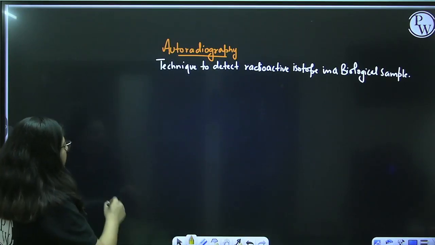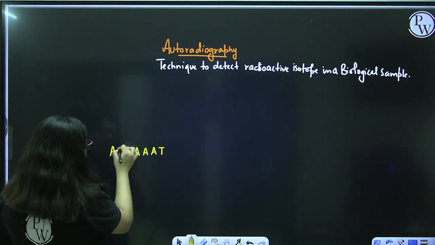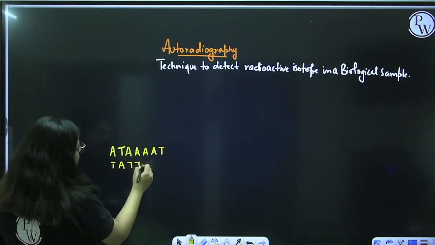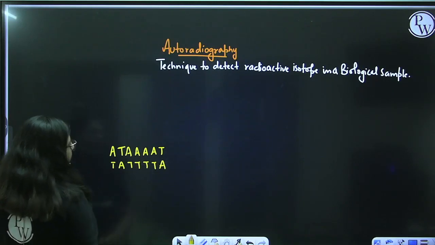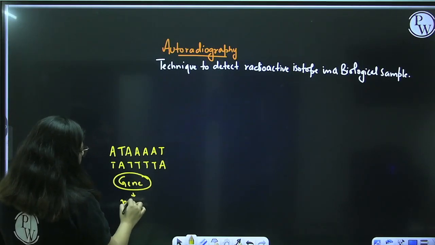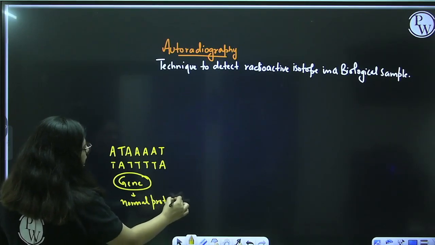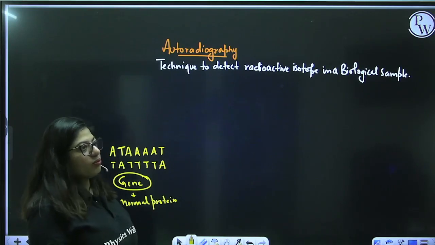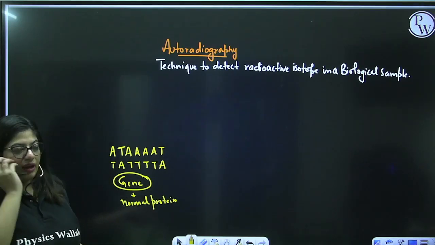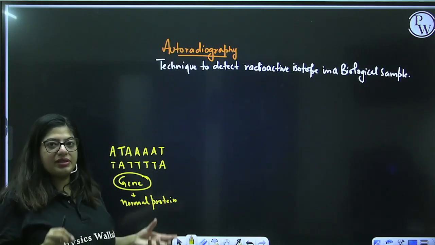So imagine AT. This is a gene that produces a normal protein. If a person has this gene, that means the person is normal and does not have any defect. Imagine in a genetic disorder, via mutation, maybe these two nucleotides get removed.